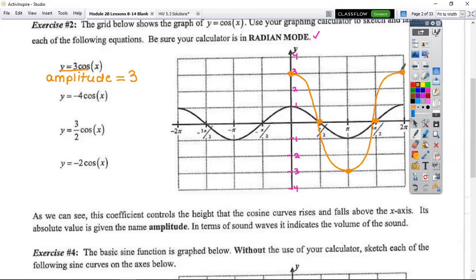And other side as well. And negative 3, 0, and 3. And again, extend this side as well. You'll notice we stretched this out. So this cosine curve has what we call an amplitude equal to 3.